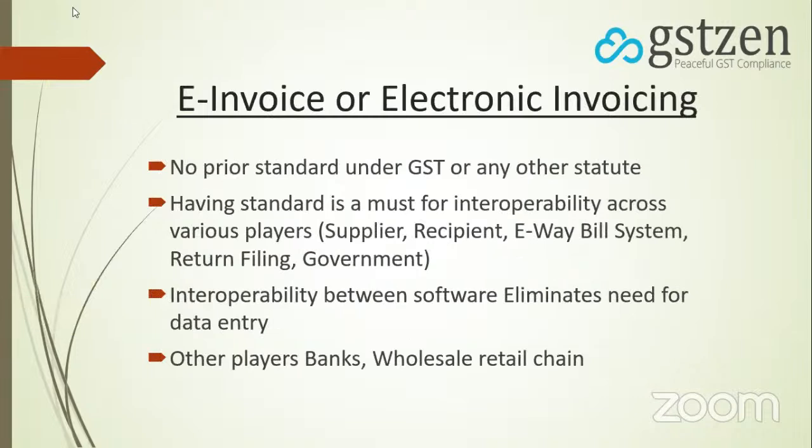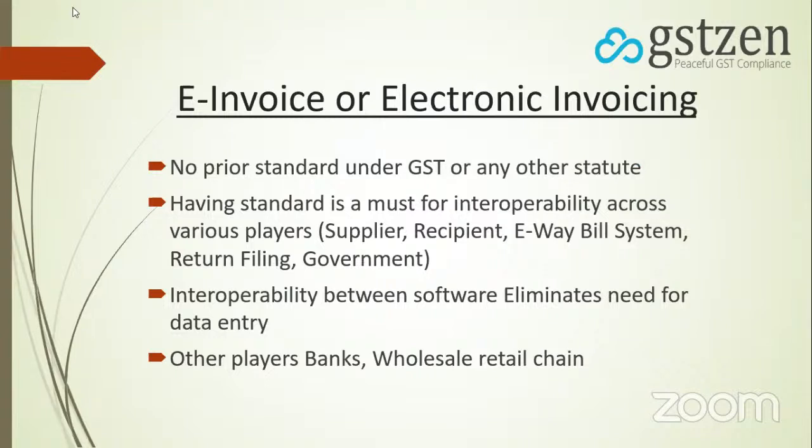For e-invoicing, there is no prior standard under GST. E-invoicing has been introduced to enable interoperability between various systems. Since the method of reporting is uniform, if you're generating an e-invoice or somebody else is doing it, everybody would be reporting in the same format.